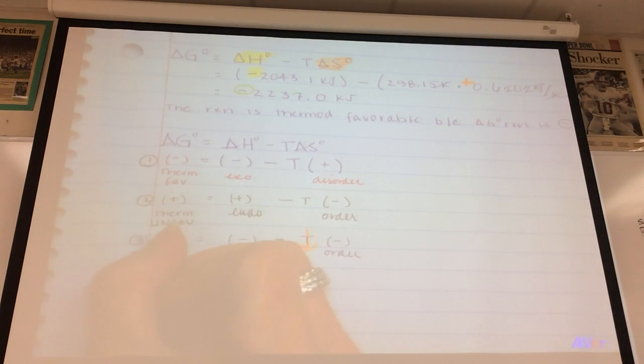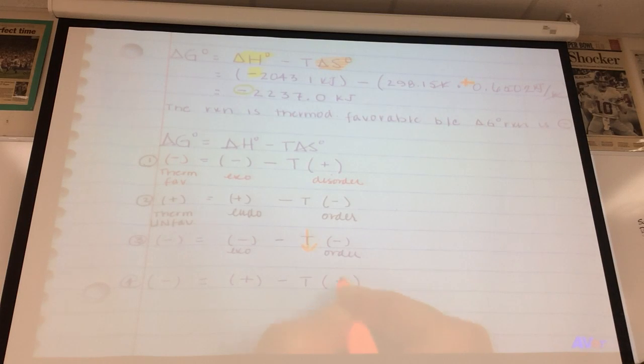Similarly, if you want a thermodynamically favorable reaction, when you have an endothermic reaction that favors disorder, you can achieve that if this term is larger than this.